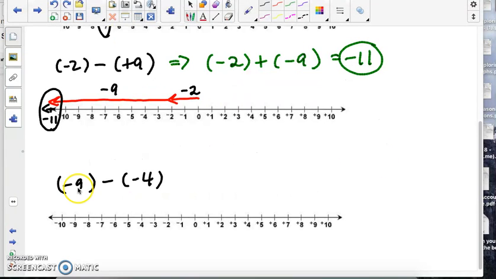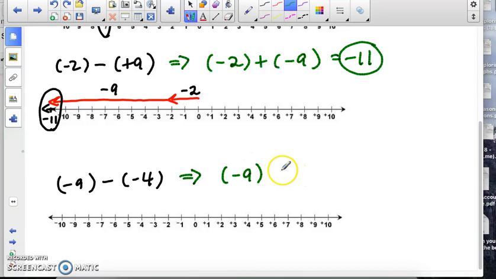Okay, your next question is negative 9 minus negative 4. Now, if we are rewriting the addition statement, again, we're doing the opposite operation, which is adding, and we're also changing the sign only of the second integer. So if we rewrite it, the first integer sign stays the same, and we're going to add positive 4. So both signs change to the opposite.